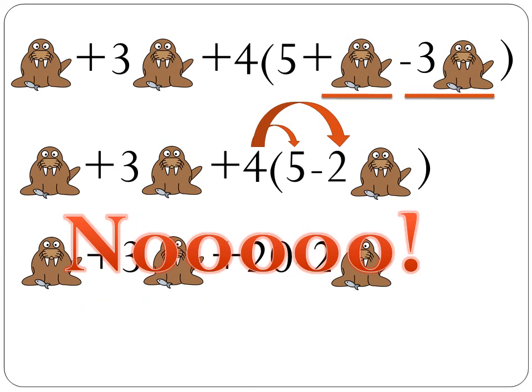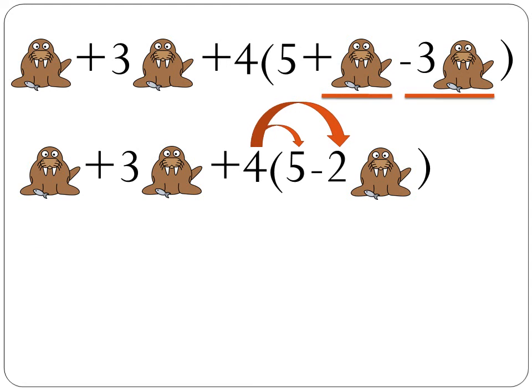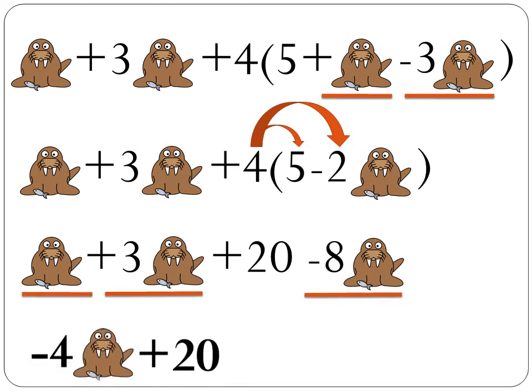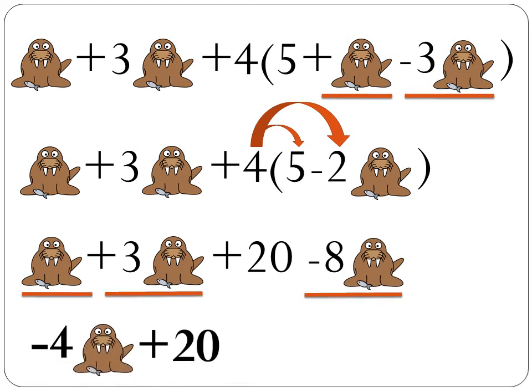Is that the answer you got? Try it again. Negative 4 walrus plus 20. If you didn't get it right, go back and see where you made your mistake.